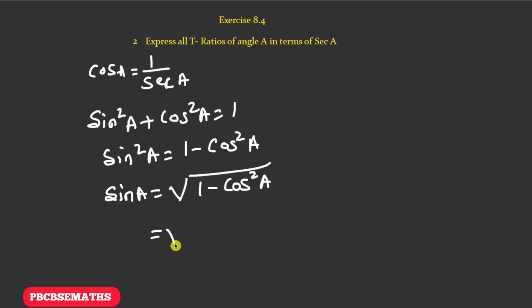Then we have square root of 1 minus 1 by secant A whole square.